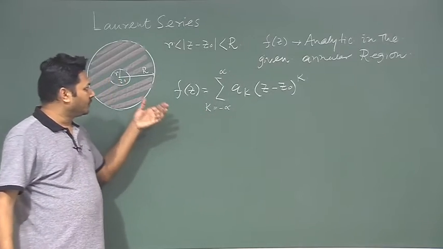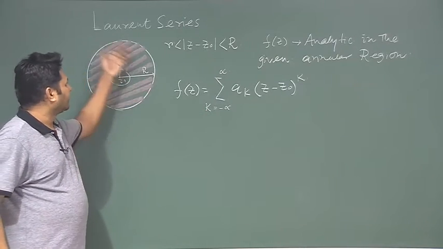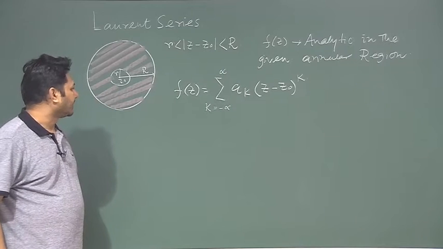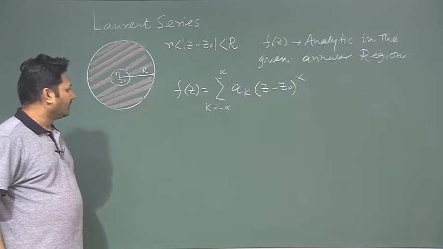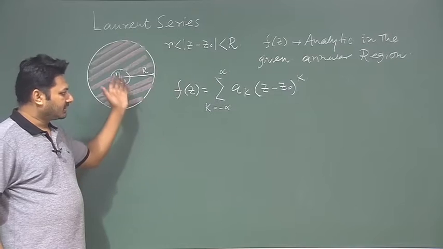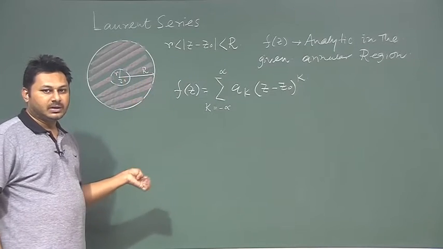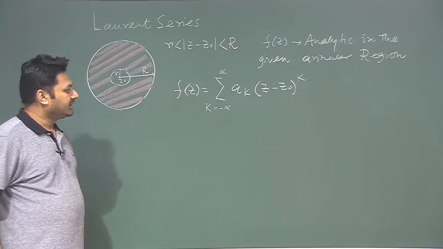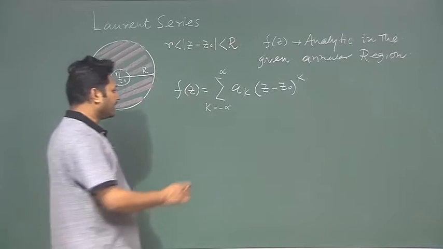However, I am not going to prove whatever the Laurent series statement is, because it is not in the syllabus. I will just state the statement and then do some problems related to the Laurent series, then things will be clear to you.